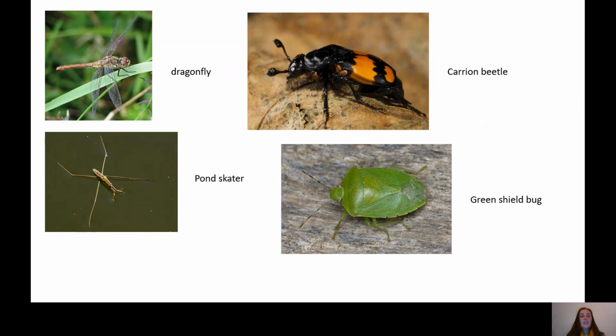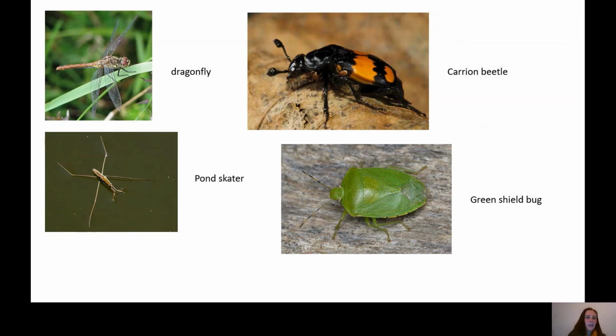Excellent, year 2. So you should all have a piece of paper divided into 4 with the names of the 4 different types of invertebrates that we have been looking at. So in a minute, I'm going to show you a film with lots of different invertebrates in it. And I just wanted to flag that these are some that you might see in the film that you might not recognise.